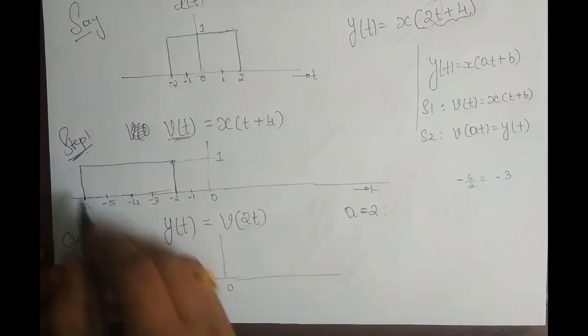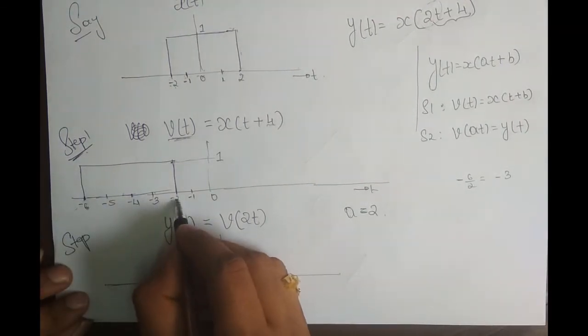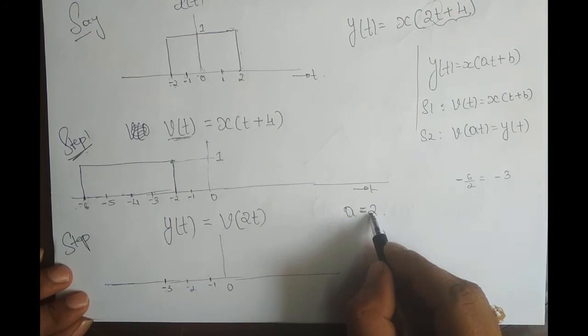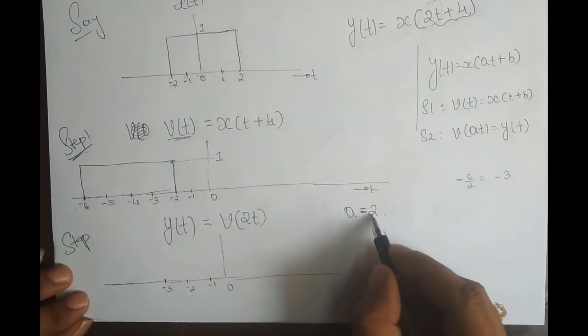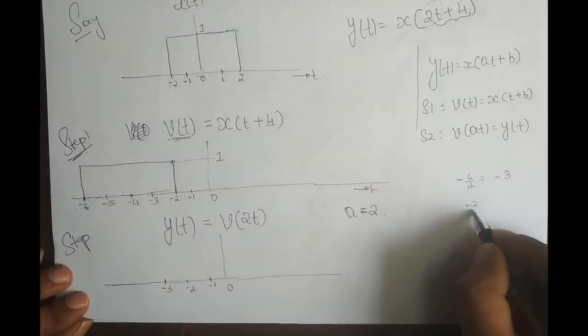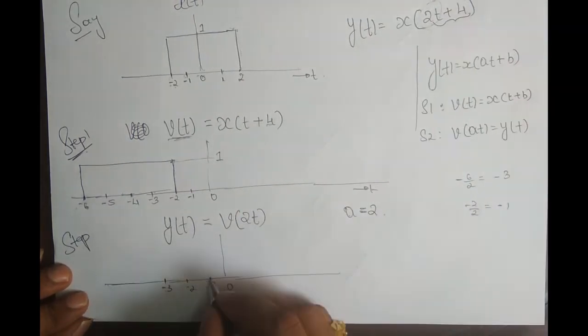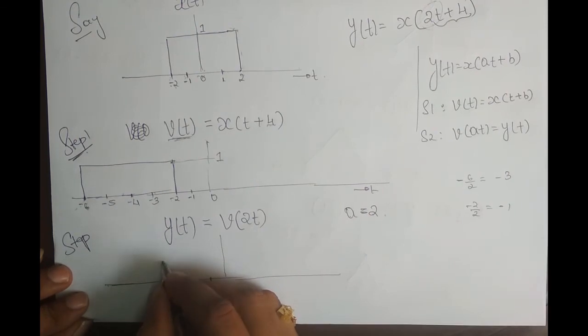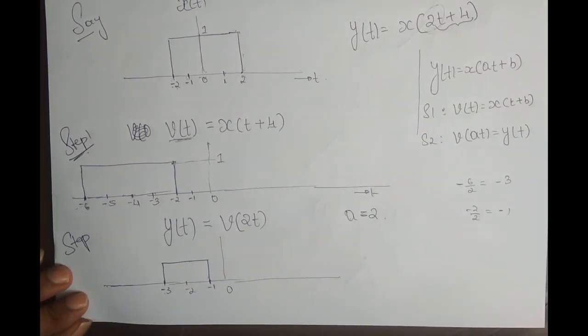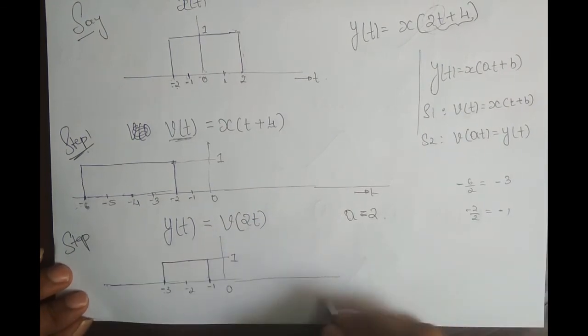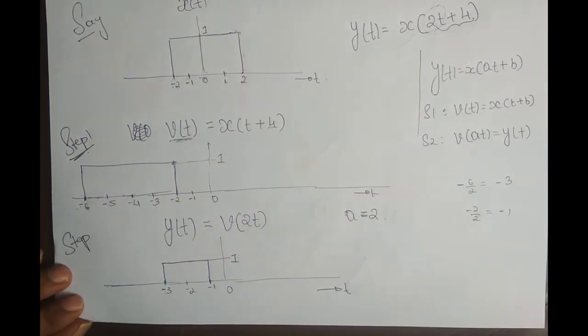So this amplitude goes to -3. Whereas -2 gets multiplied with inverse of a, which is 1 by 2. So -2 into 1 by 2, which is -2 by 2, which is equal to -1. So this goes to -1. So our signal is a compressed version. So it starts from -3 and ends at -1, and its amplitude is 1. So this is the t axis.